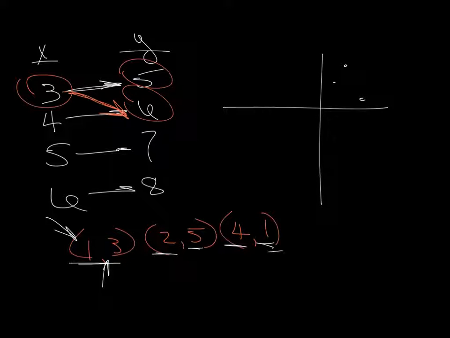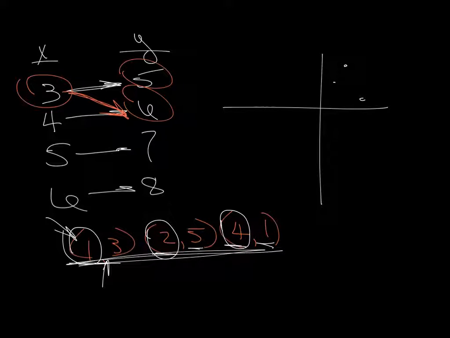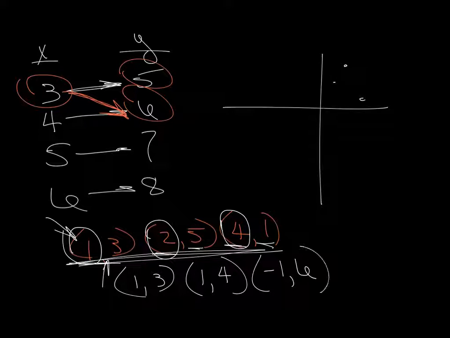Alright, so when you're given a list like this, one way you can tell if they're functions just by looking at that list is, as long as x's are not repeated, then it's a function. If, for example, I had (1, 3), (1, 4), and (-1, 6), notice I have a 1, I put it in the machine, it kicks out a 3.